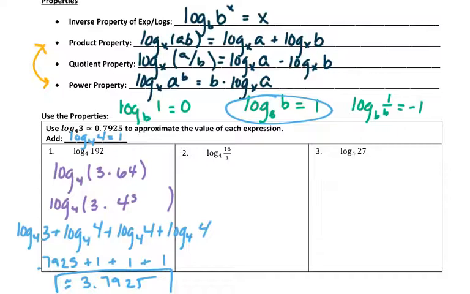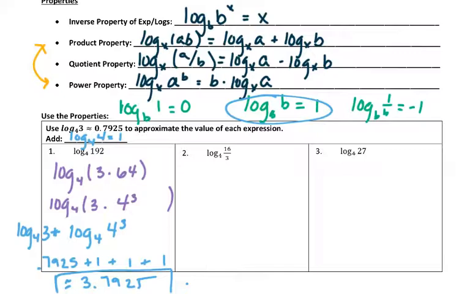Then what this would change is instead of writing log base 4 of 4 3 times, I'm going to erase all this, I am going to instead have log base 4 of 4 to the third power. Okay, now I can use two different ideas here.